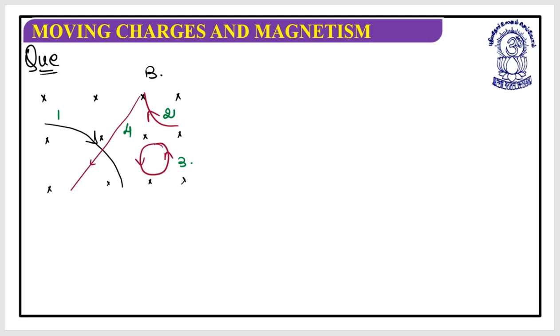What do you need to identify? You need to identify the particles: which one is positively charged, which one is negatively charged, and which one is neutral. So take your time.